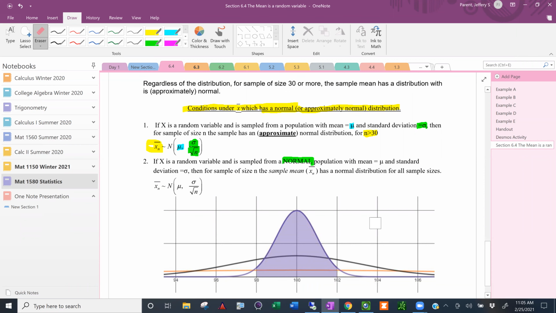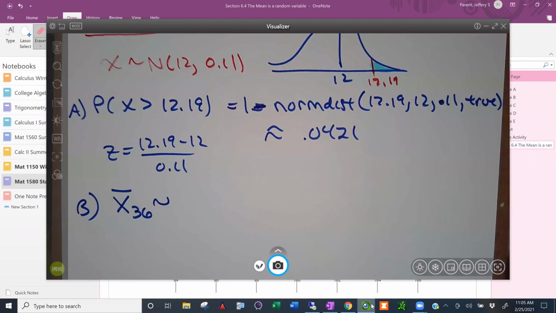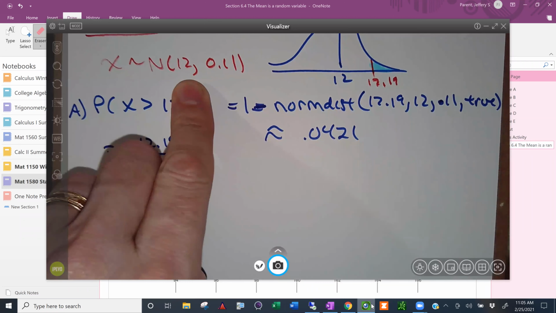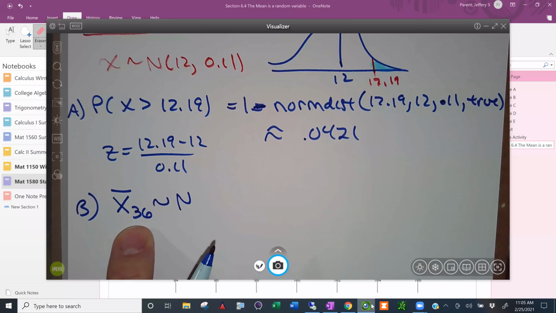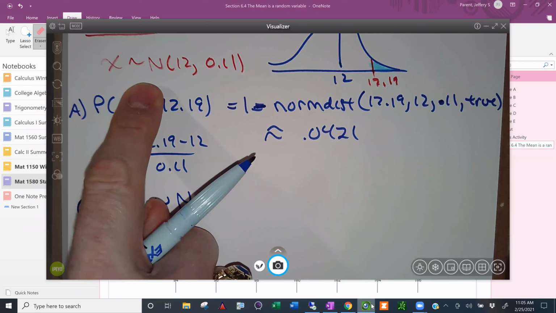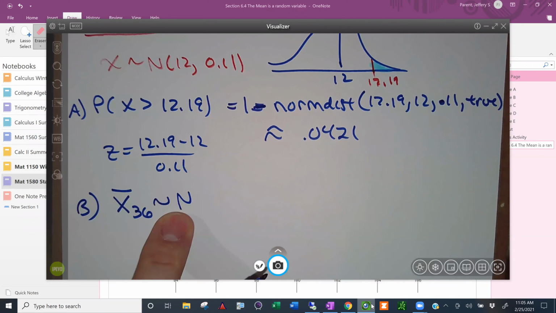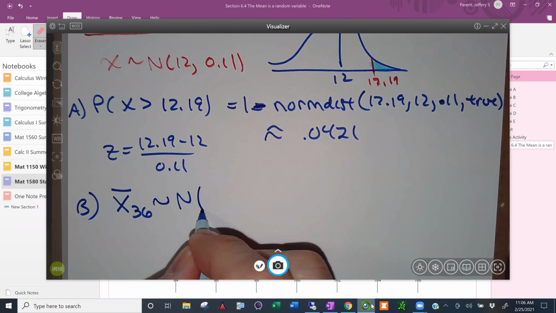So let's look back here. This is our parent population. Because this started out as a normal distribution, it's going to have a normal distribution. Or because we have samples of size greater than 30, it's also going to have a normal distribution. So in one of two ways, you can realize that this has a normal distribution.